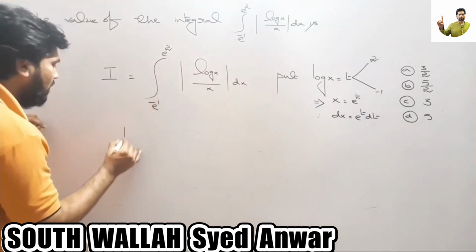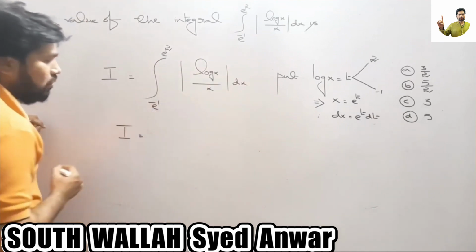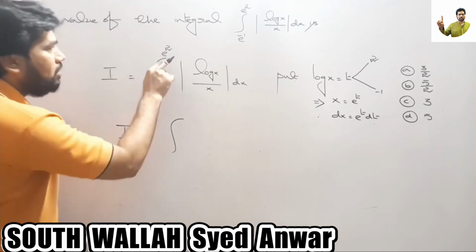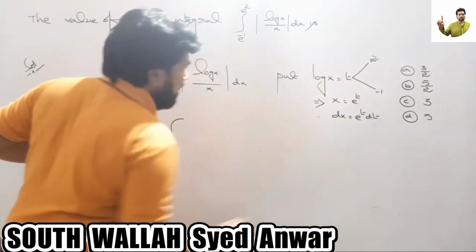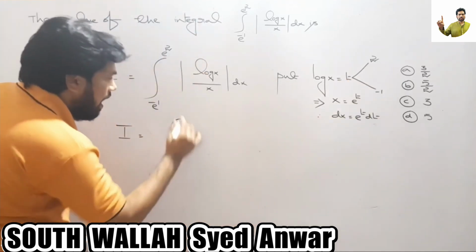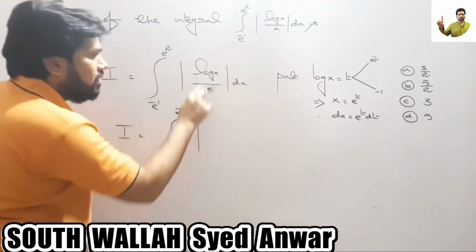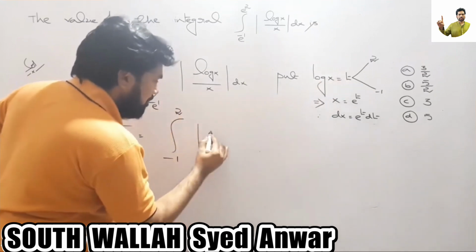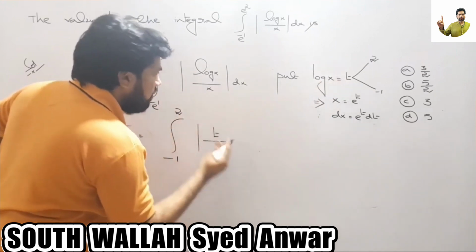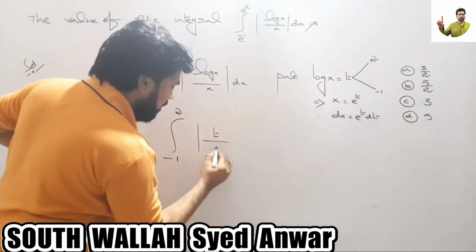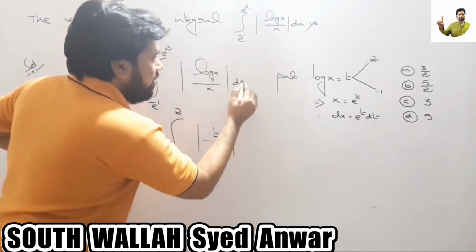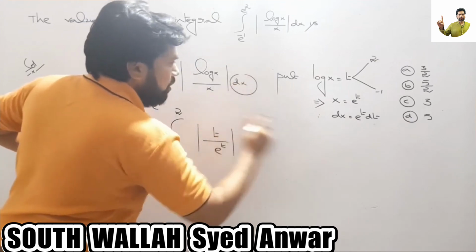Now I is equal to integral. Here lower limit is minus 1, upper limit is 2. Modulus of, in place of log x, t, upon, in place of x, e power t. Here in place of dx, what I am going to write?